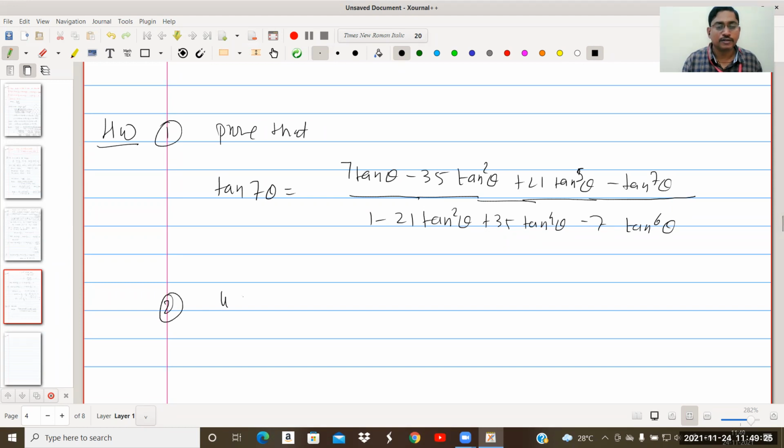And another example, just write down all these examples.